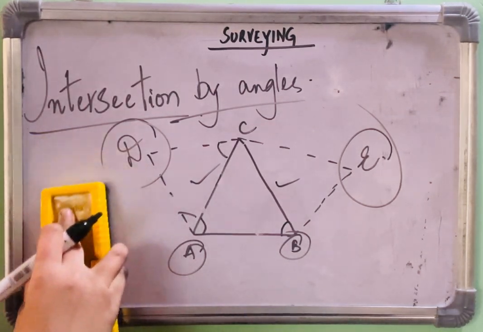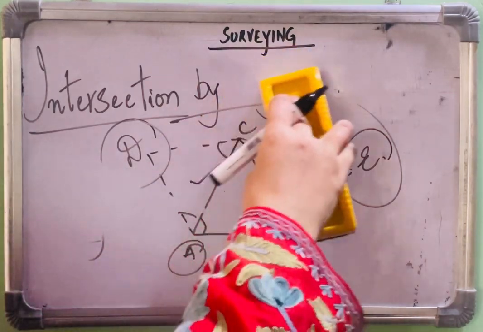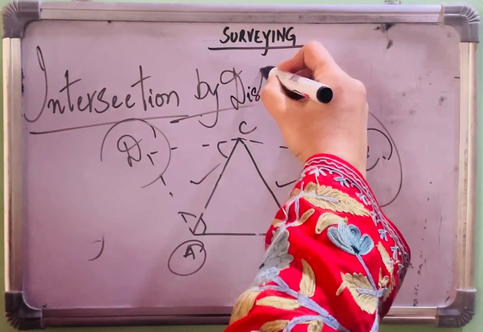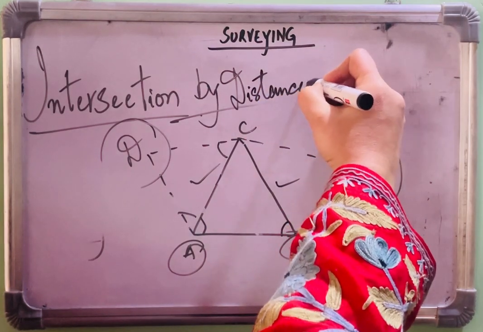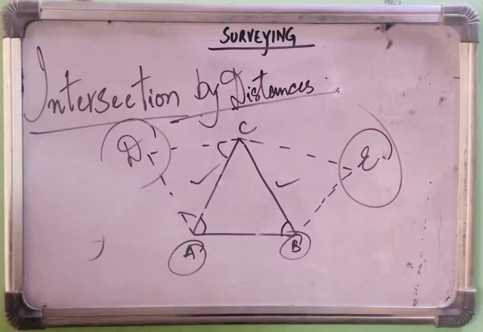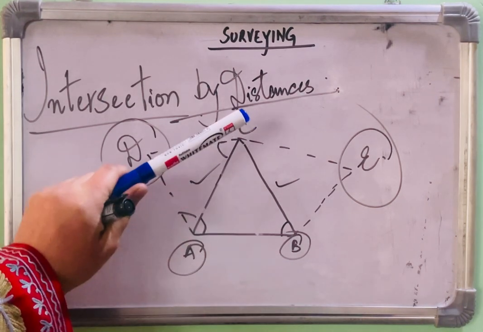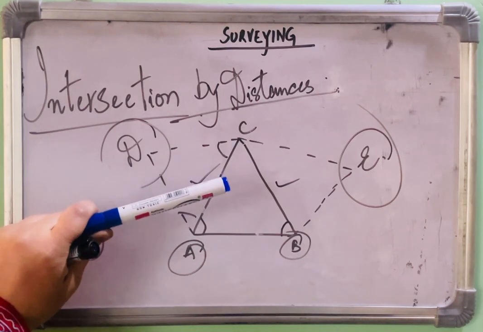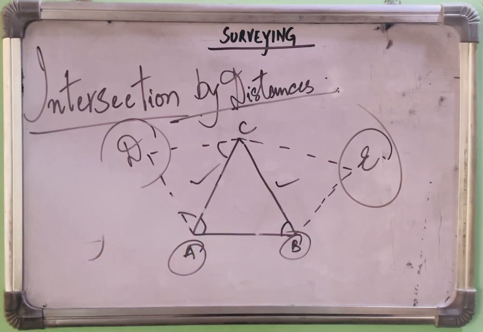The next one is intersection by distances. Alternatively, the position of the point C relative to the line AB can be determined by measuring the horizontal distances AC and BC and not the angles.